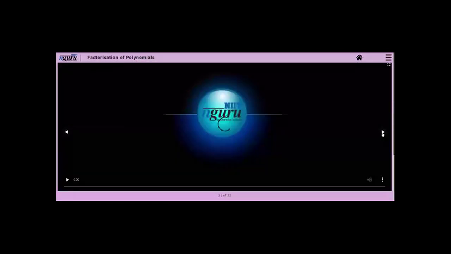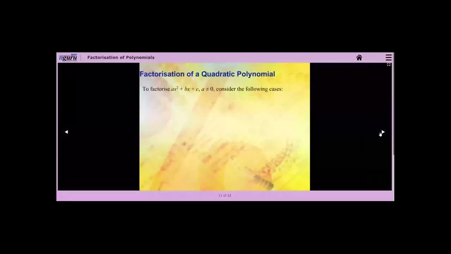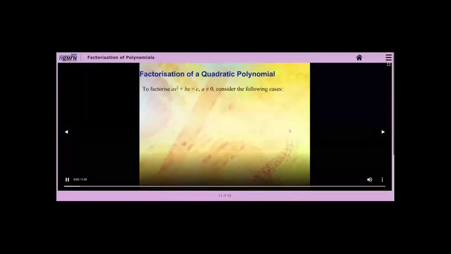Now consider the factorization of a quadratic polynomial. To factorize the quadratic polynomial ax square plus bx plus c, where a is not equal to 0, consider the following cases. In case 1, when a is equal to 1, the given polynomial is reduced to the form x square plus bx plus c.